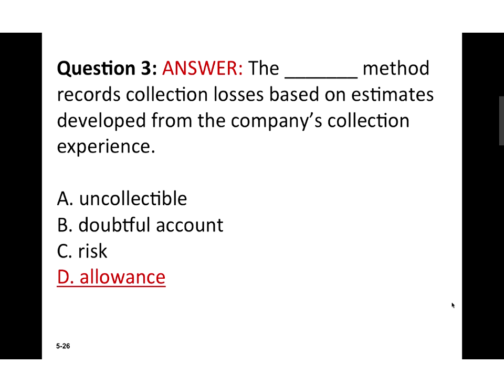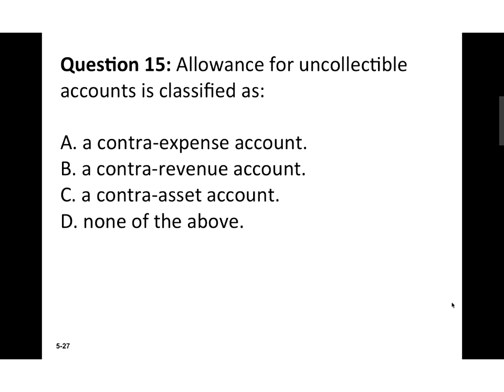We'll do 2 more. Our next one: allowance for uncollectible accounts is classified as what? A contra expense account, a contra revenue account, a contra asset account, or none of the above?